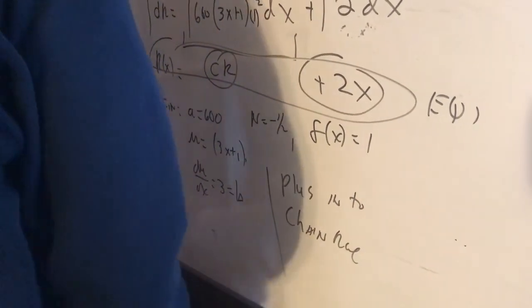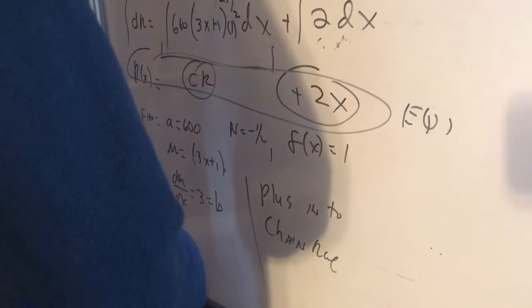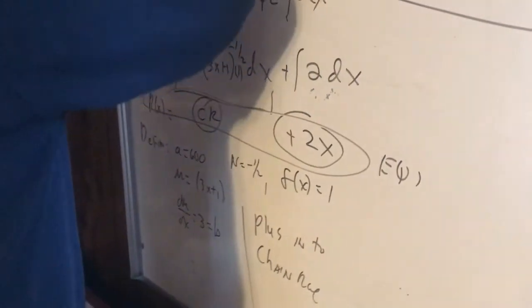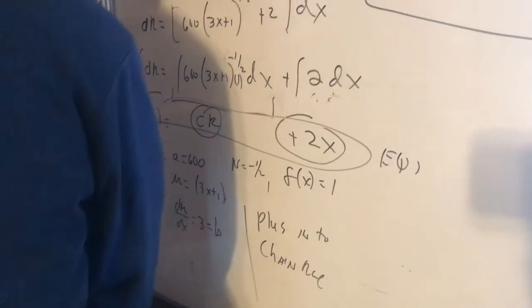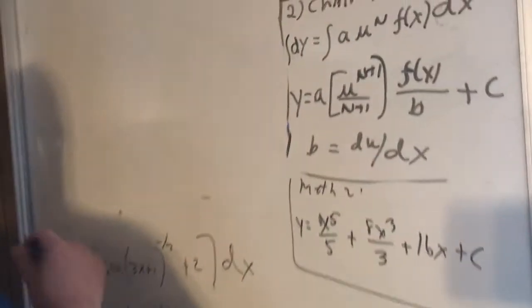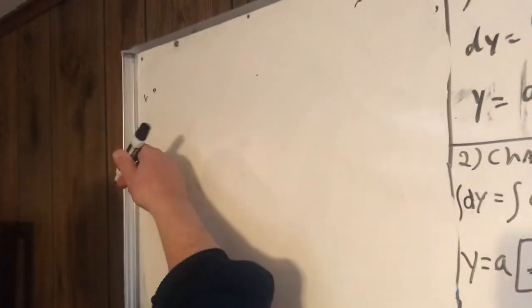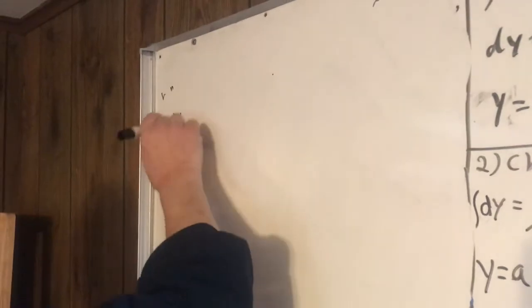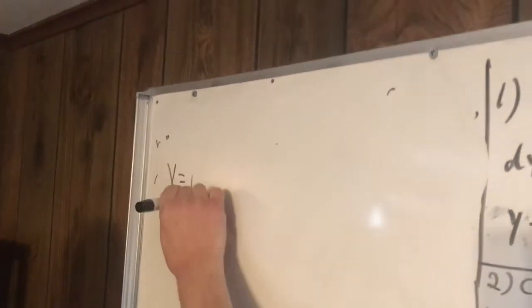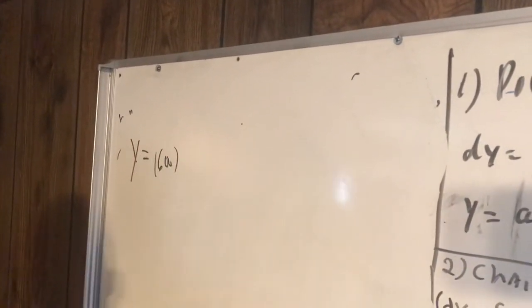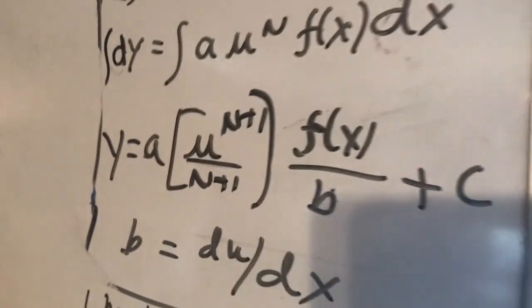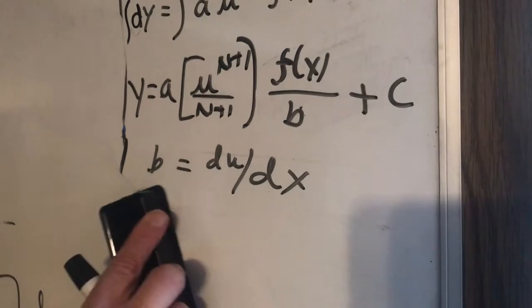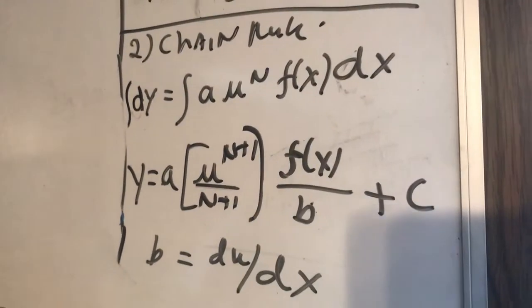So, let's erase this up here, and we're going to plug in y equals A, which is 600. Plug it into here. Remember, I don't need this anymore. That was from the last time. Get rid of it.